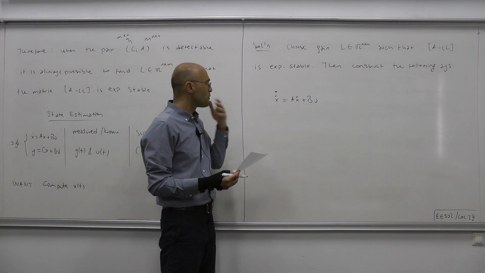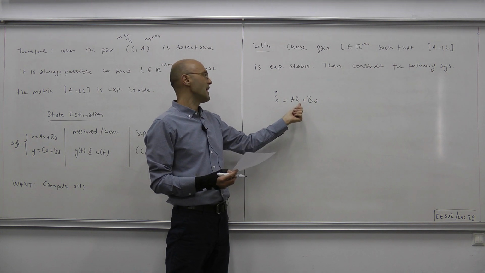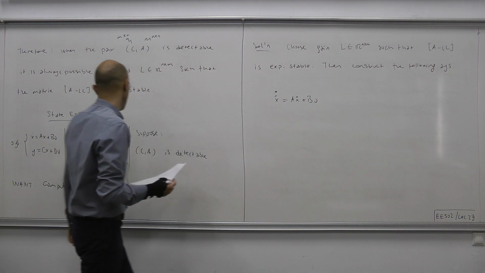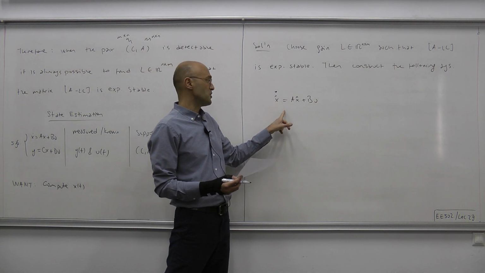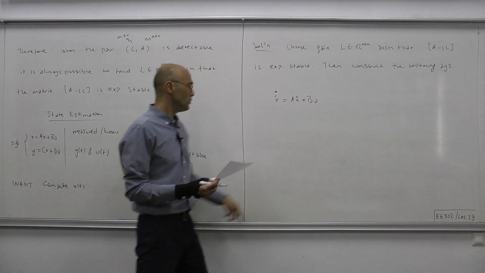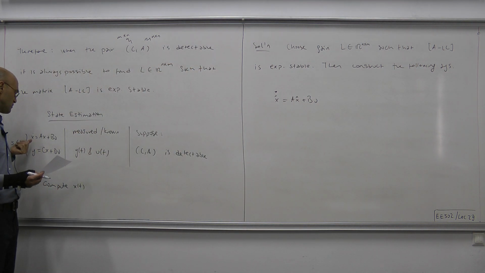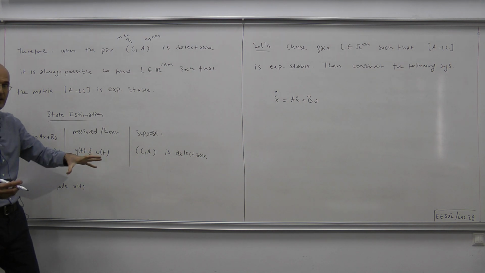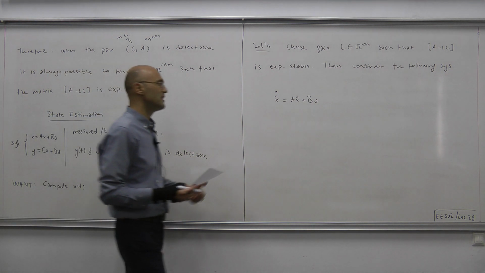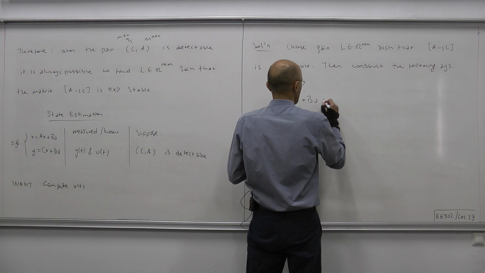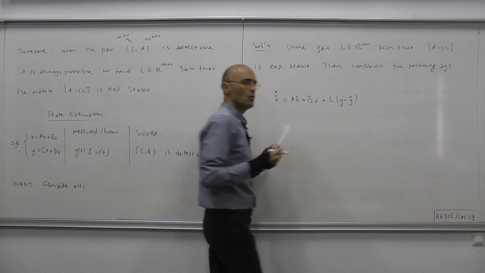So in order to run that in your computer, you choose an initial condition for x hat, and then you solve the differential equation. Now there are two inputs to this system. One of them is the Bu term, which is the same input that's driving the actual system, the plant, out there. And also you add to it a correction term, plus L times y minus y hat.